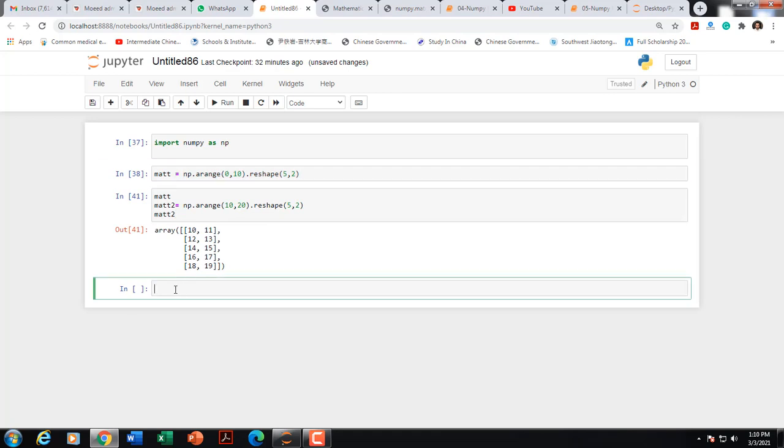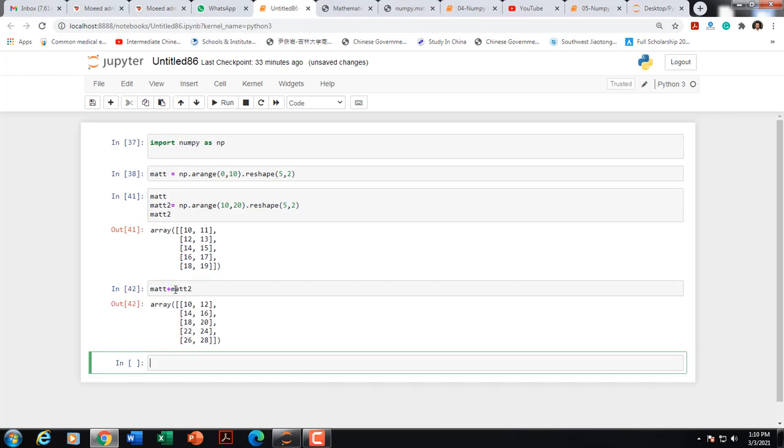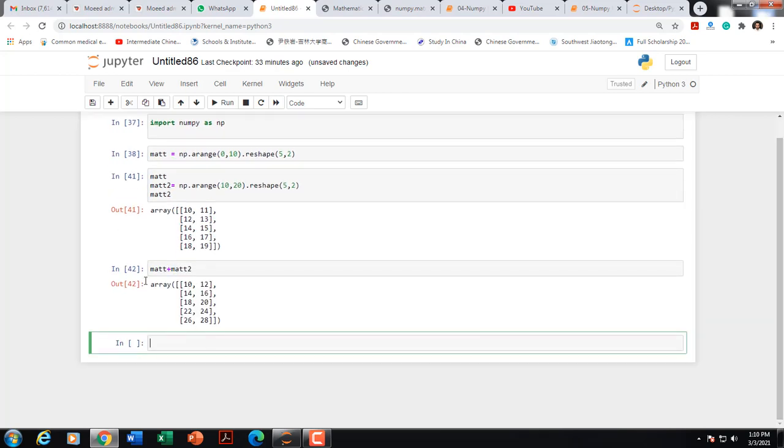If I want to add all of the elements inside of my matrices with each other, for example, I want to add elements of mat with the elements of mat2, all I have to do is say mat plus mat2. And what do I get? I get all of my elements inside of mat having been added with all of the elements inside of mat2.